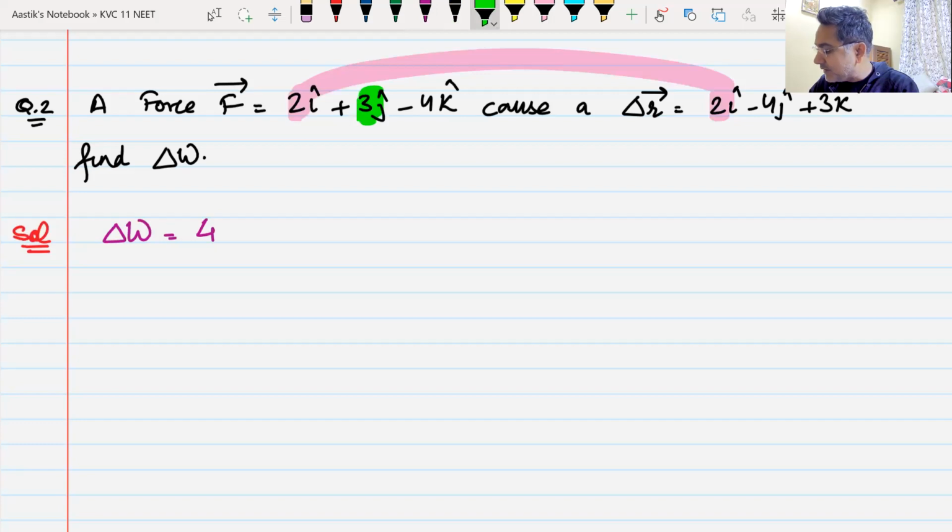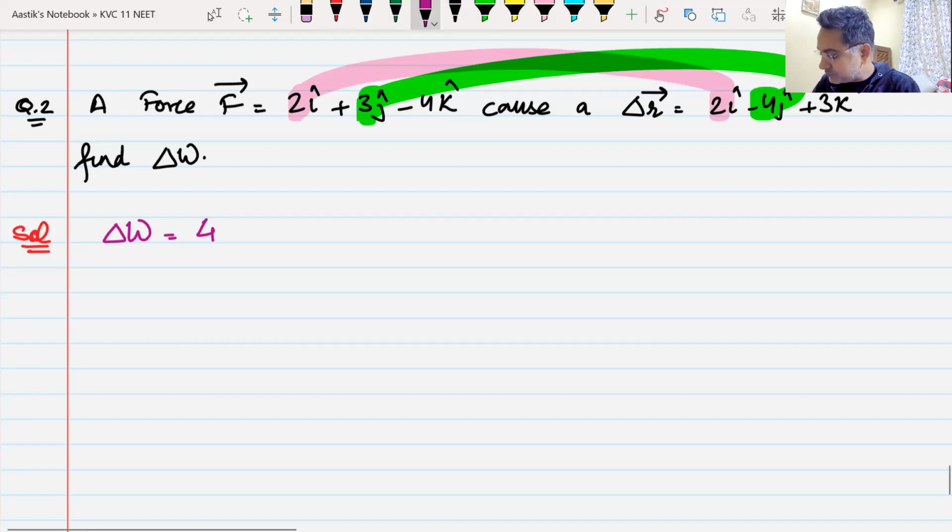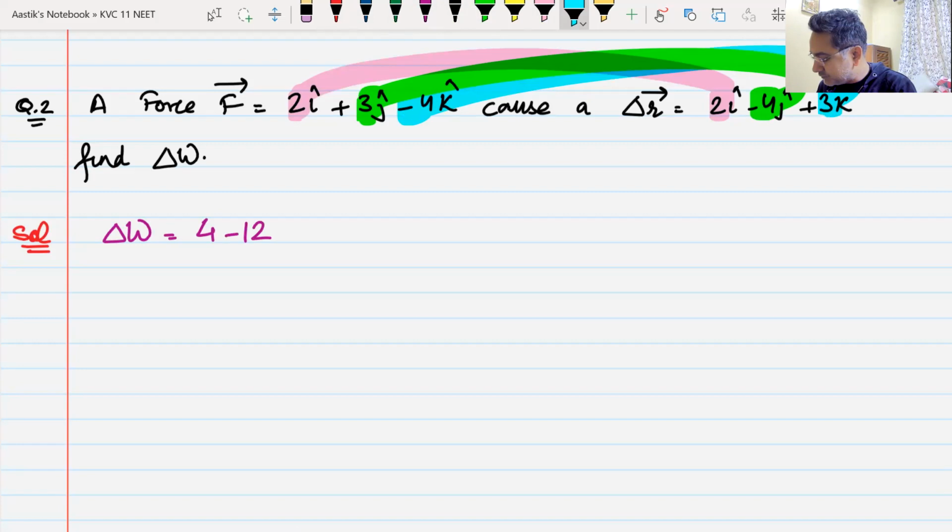You'll have to multiply this by this. What will be the answer? Minus 12. You will have to multiply this by this. What is the answer? Minus 12. So your final answer is 4 joules. Do we understand this? Yes or no? Yes, sir.